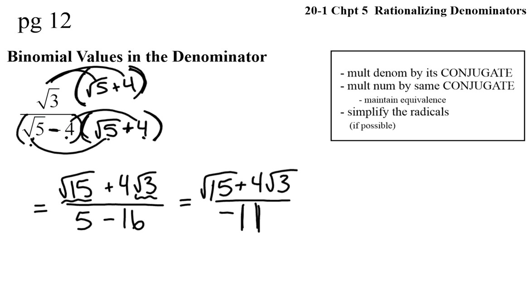We have an 11, we have a 4, and we have a coefficient of 1. There's nothing that'll divide into those, so I can't reduce. The only thing with this question, really, is that we should never leave a negative in the denominator. So we want to change the negative 11 to positive 11.